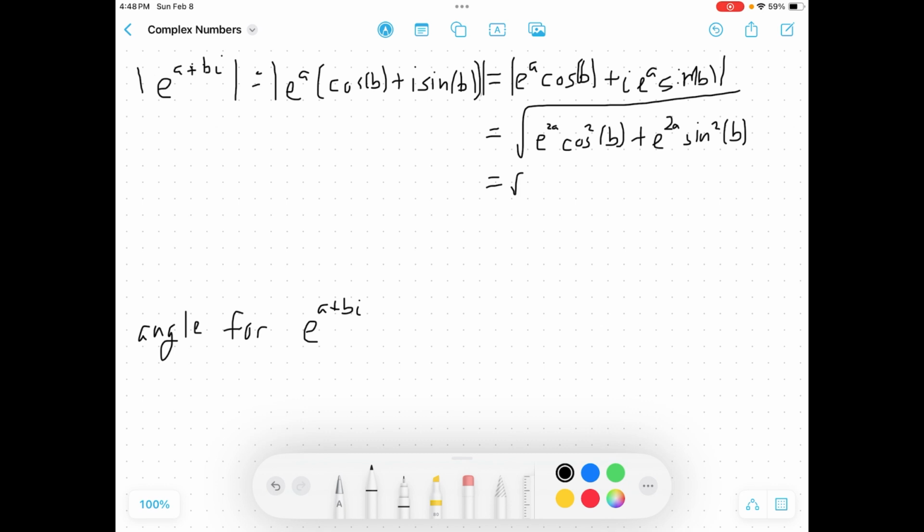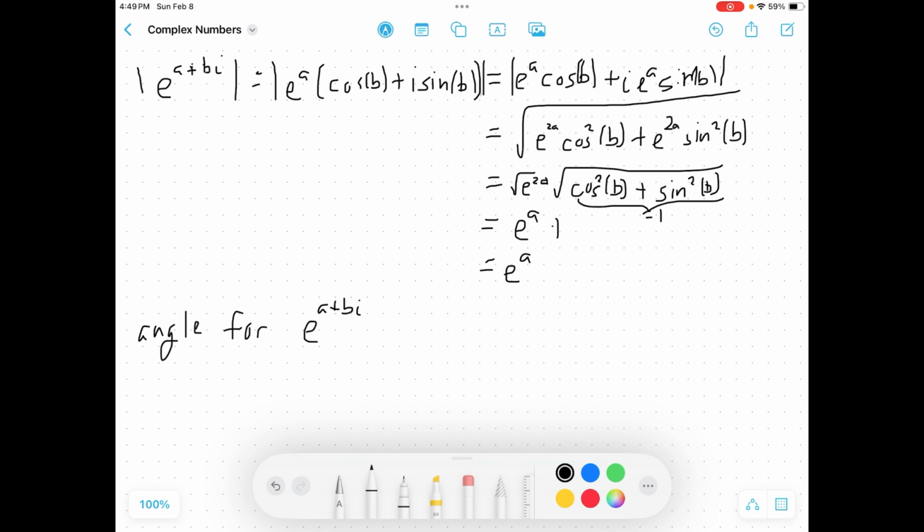Factoring out the e to the 2a, we're left with the square root of cosine squared b plus sine squared b. The square root of e to the 2a is the same thing as just e to the a again. Sine squared plus cosine squared is always going to be 1, so the magnitude of this is always just going to be e to the a.